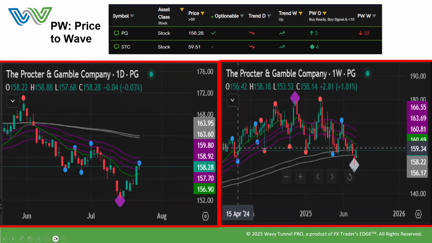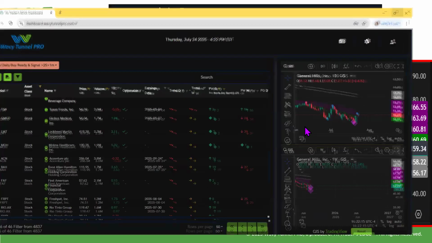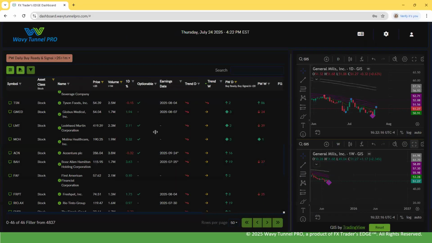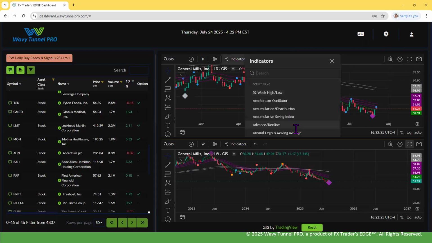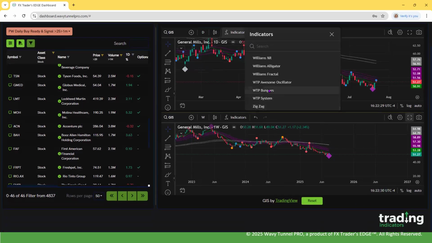We also have our bungee indicator, which I haven't shown you. That's part of it. I guess I could just show you here. Why don't we go back and I'll show you. I'm just going to move this over and put the bungee indicator on. You can get any indicators on here.